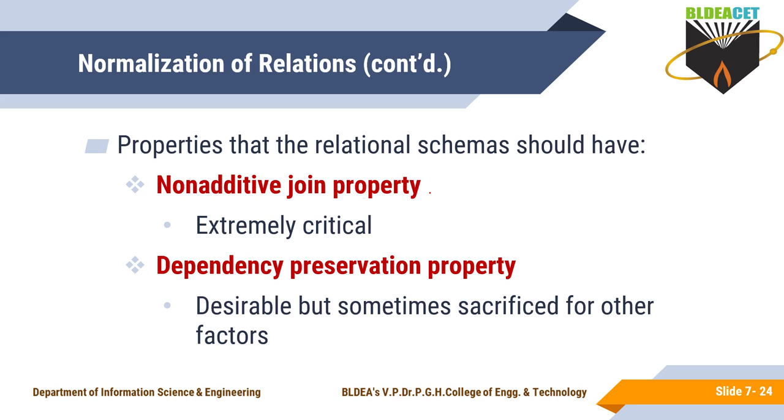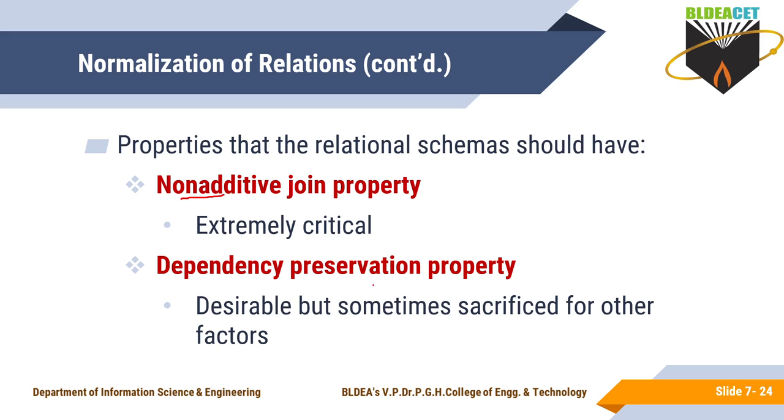You won't get any additional information along with that. If you join any two relations, the tuples in each relation will remain as they are. You won't get any additional tuples. That is what we call the non-additive join property.